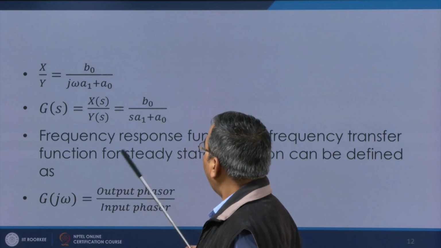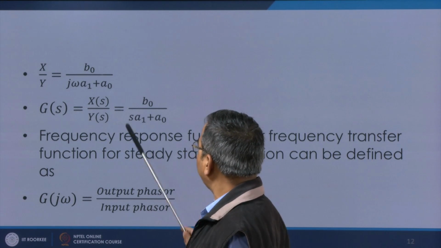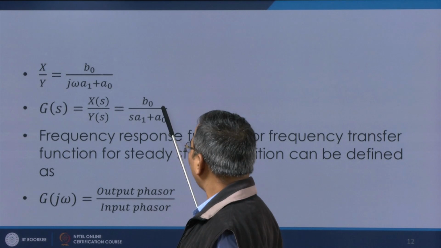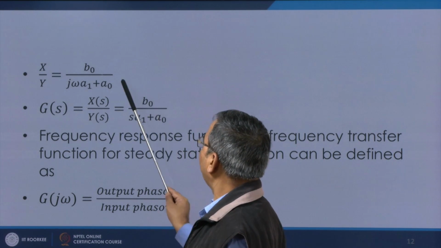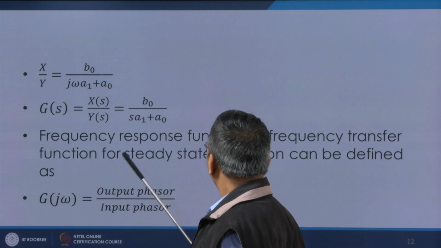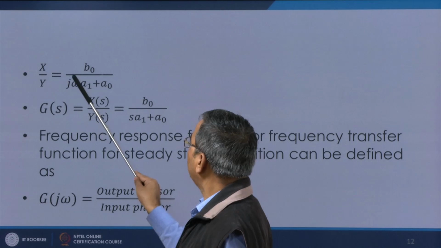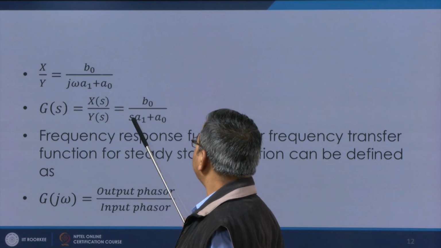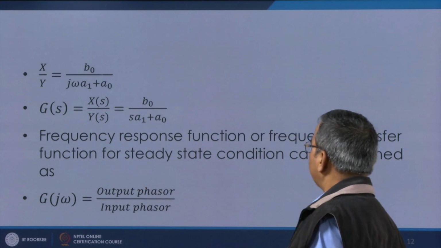Fine. So by seeing these two expressions, we can see that if we want to convert from transfer function to the frequency response function, in place of s we have to just replace this s by j omega. So if you replace this s by j omega, you will get the frequency response function.